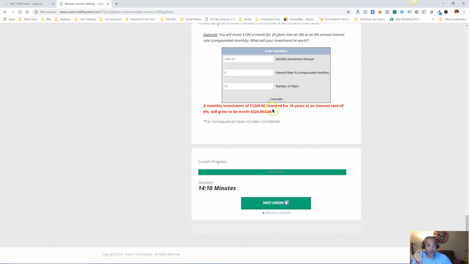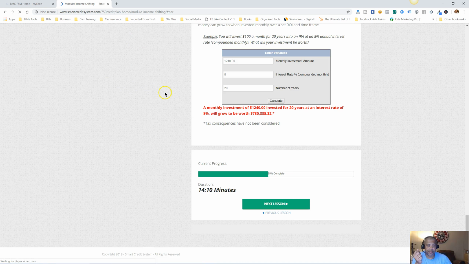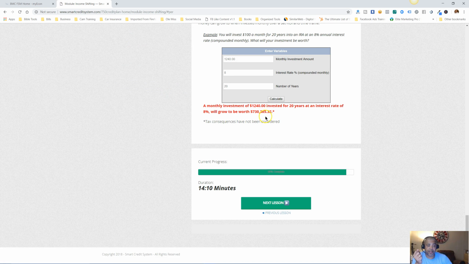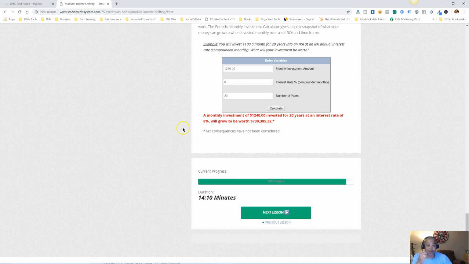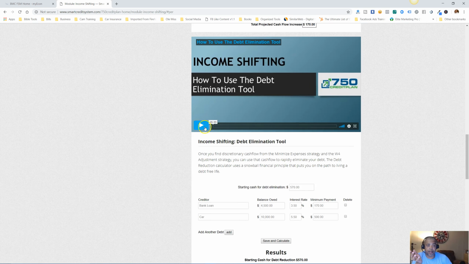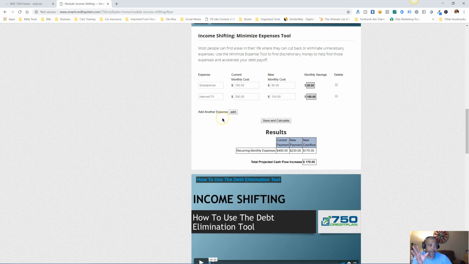So $1,240 invested for 10 years at an interest rate of 8% would be worth, okay, $226,853. Let's say for 20 years. $730,000. So that's how the income shifting works inside of MyEcon, and that's MyEcon Income Shifting Explained.